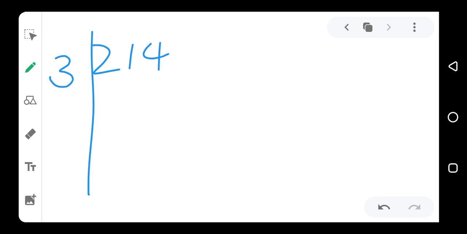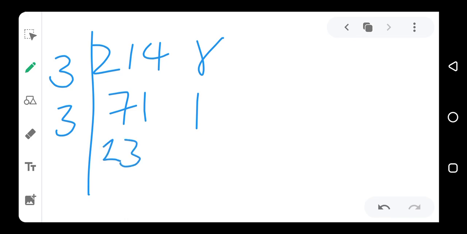Divided by 3, we get 71, remainder 1. 71 divided by 3, we will get 23, remainder 2. And 23 divided by 3, we will get 7, remainder 1.